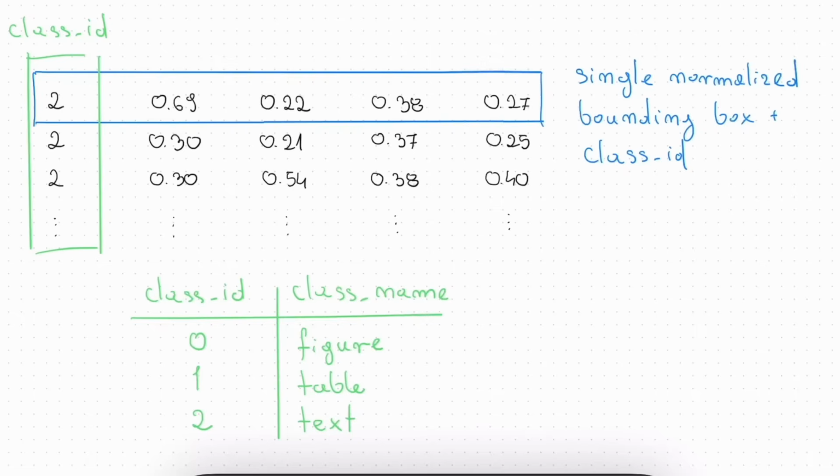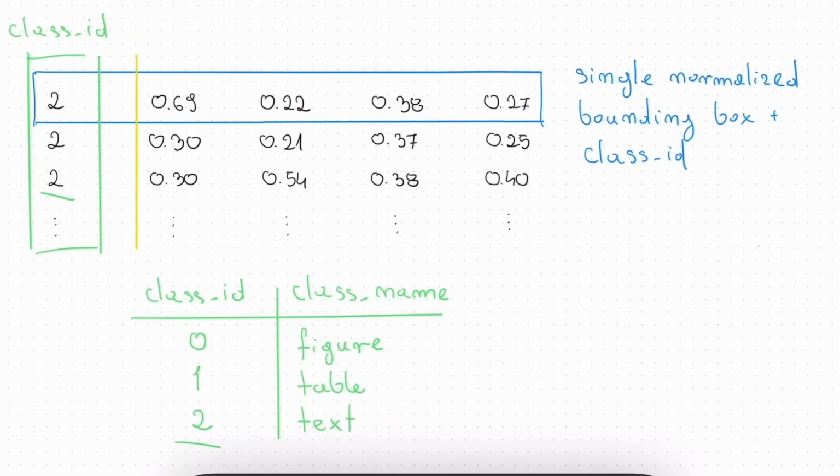Those are integers starting with 0 up to n-1, where n is the number of classes in our dataset. So in our case, 0 maps to figure, 1 maps to table, 2 maps to text. Anytime we see a line in our annotation txt file that starts with digit 2, that means the whole line describes a bounding box associated with the text class.